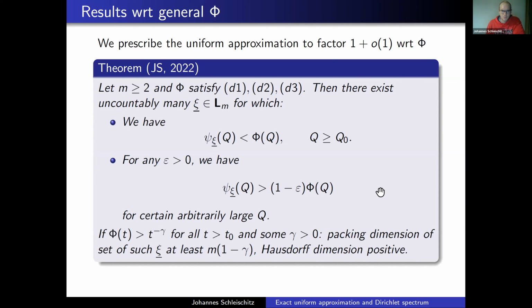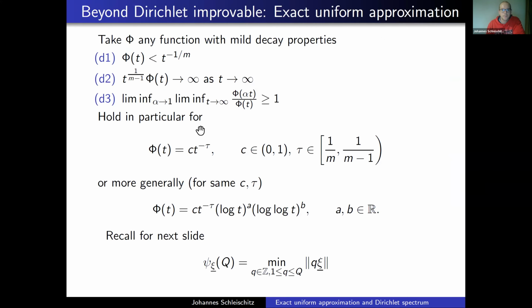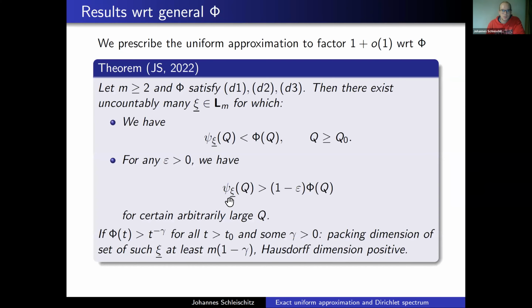And then you have uncountability. And if you again assume some lower bound, I mean the lower bound 1 over m minus 1 is clear from D2, if you say D2 here. So you always also get, in fact, some positive packing dimension, and it's just m times 1 minus this gamma that I can take here. And also positive Hausdorff dimension, which is again computable, but not so nice to write down.